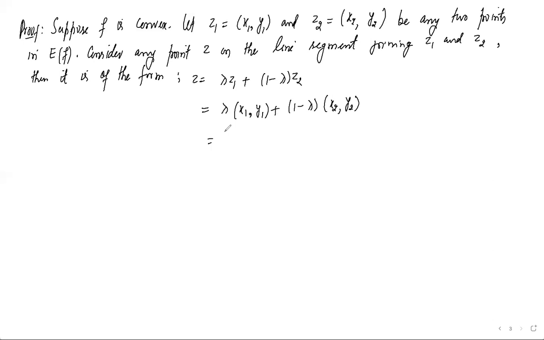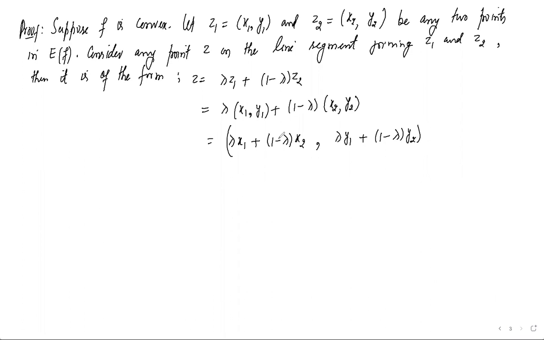Now using some simplification, we will get lambda x1 plus 1 minus lambda x2, comma, lambda y1 plus 1 minus lambda y2.